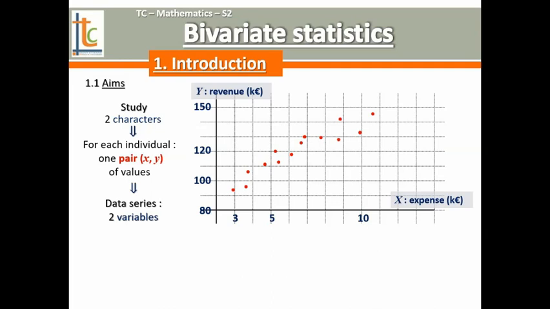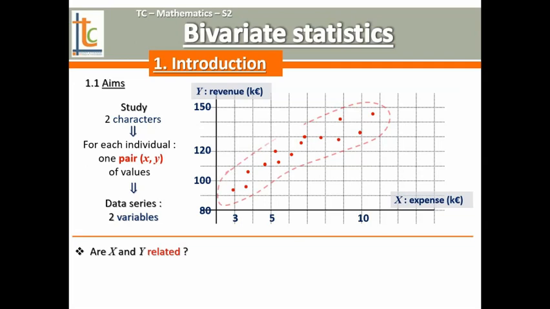And you have to be able to see or not if there is a global trend. Does the point cloud have some shape? You can see in my example an elongated shape in a certain direction in the plane, with a certain slope from the horizontal.